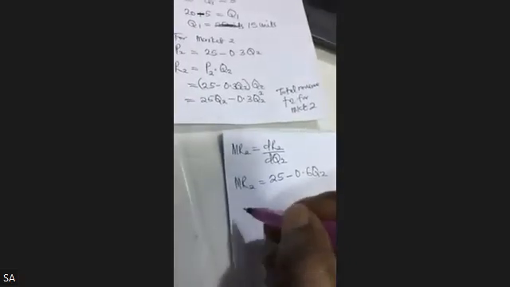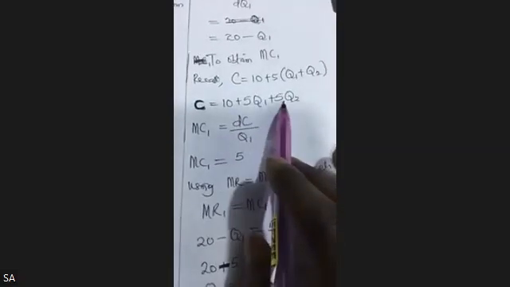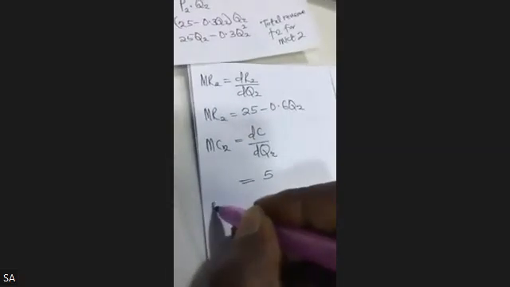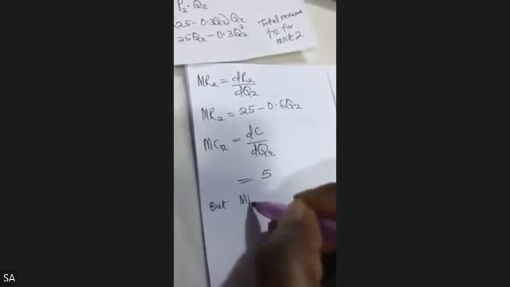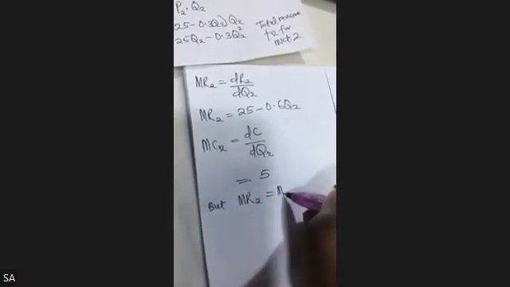We also do MC2. Remember, MC2 is when you differentiate the cost with respect to Q2, so we get 5. Now MR2 equals MC2.